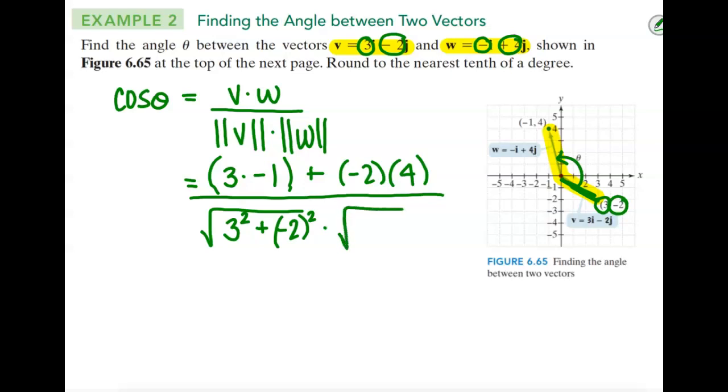Times, do the same thing again for vector w. You take the a term and square it, add it to the b term, and square it. Now the rest is simplification.